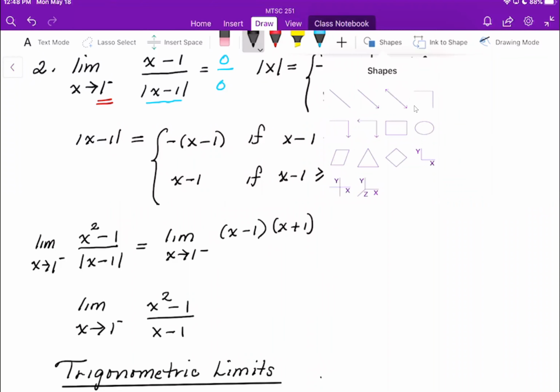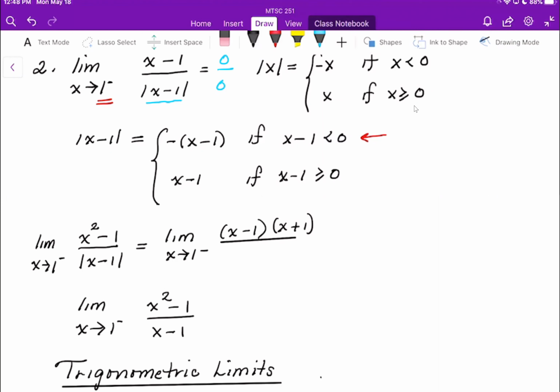And then, because x minus 1 is less than 0, the definition of the absolute value will be in this form. So we're going to get the opposite of x minus 1. So that gives us the limit as x approaches 1 from the left.